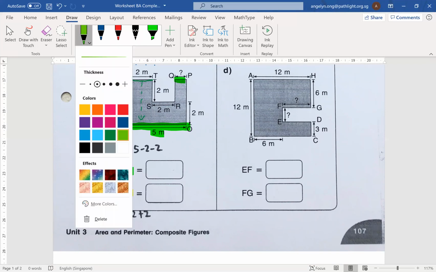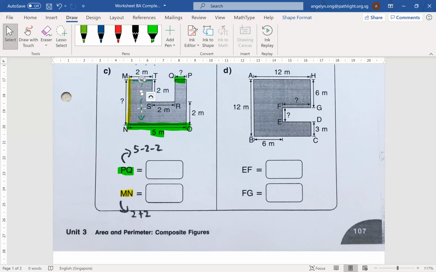It will be this part of NO. And then this is also another 2 meters, which I can bring down here. So here is 2 meters, because we know it's here, from MT. And this part here is also 2 meters, because I know that it's from SR, can bring it down. And this last section, the small part, is actually QP if I bring it down.